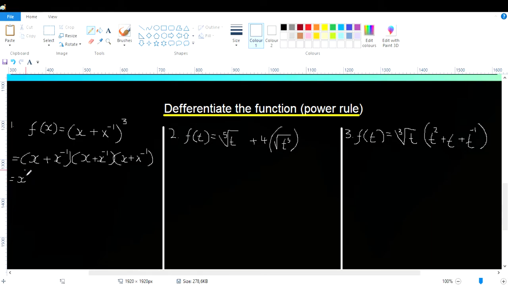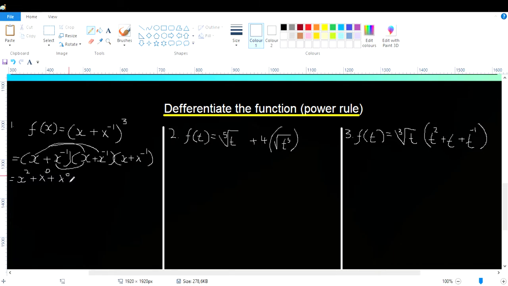Then x times x to the power minus 1 is equal to x to the power 0. Plus, minus 1 to the power minus 1 times x is equal to x to the power 0.